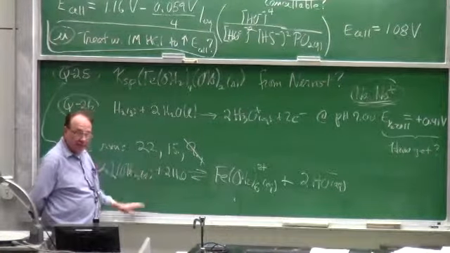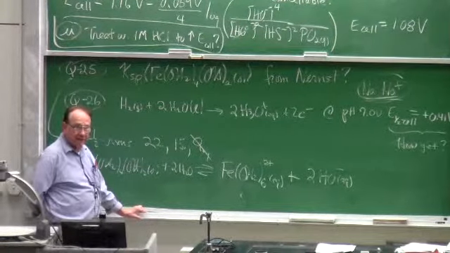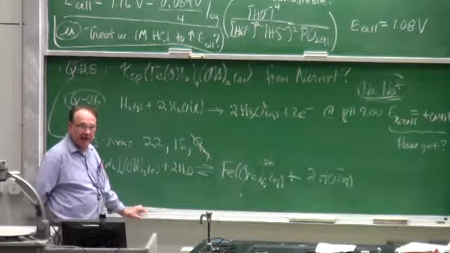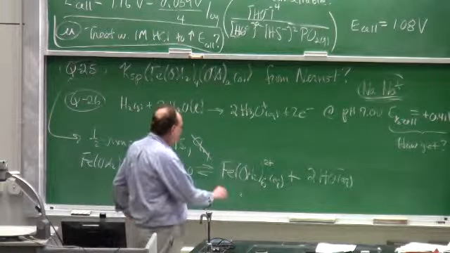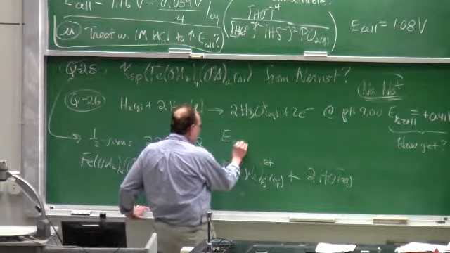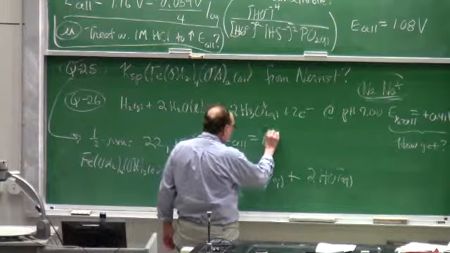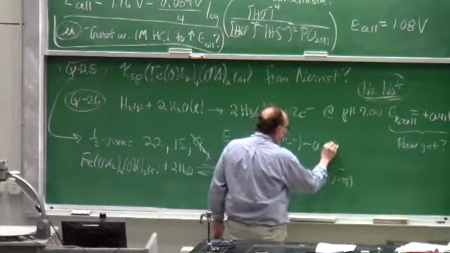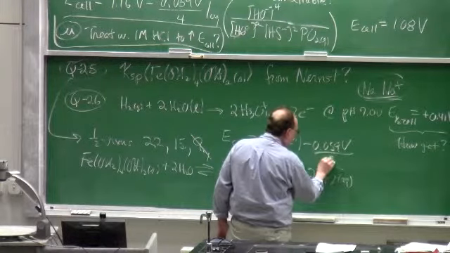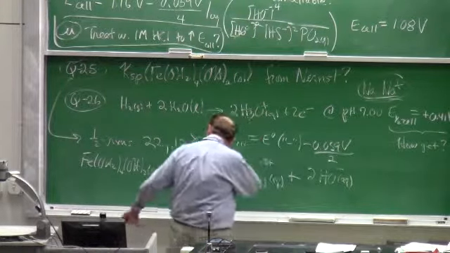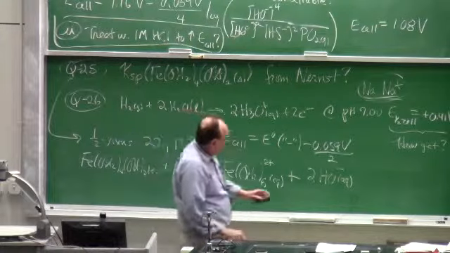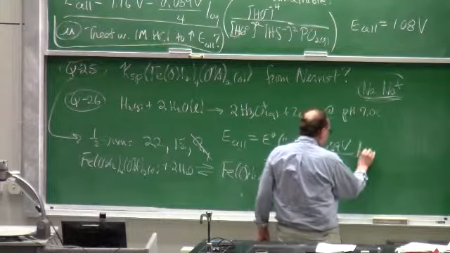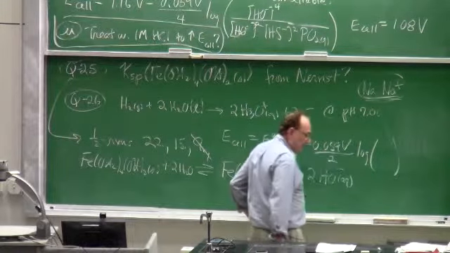Which one of these gets reversed in this coupling process? 15 gets reversed. So that when I put these values together, I got a negative E0 value. So I will write E cell equals E0, which is a negative number, minus 0.059 V over 2. That's moles of electricity transferred in this system. Times the log of what?